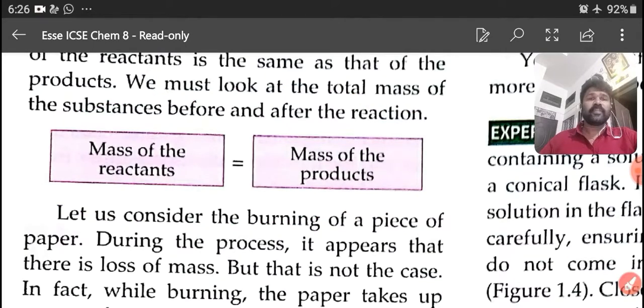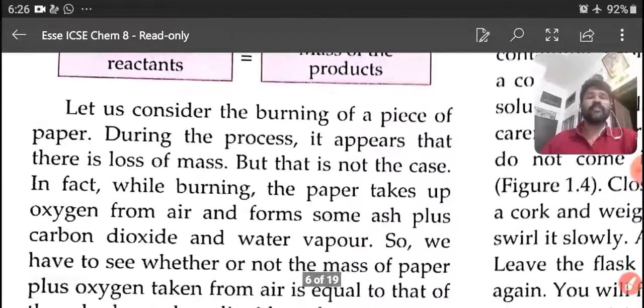Okay. Let us consider burning of a piece of paper. During the process, it appears that there is a loss of mass, but that is not the case. In fact, while burning, the paper takes up oxygen from air and forms some ash plus carbon dioxide and water vapor.